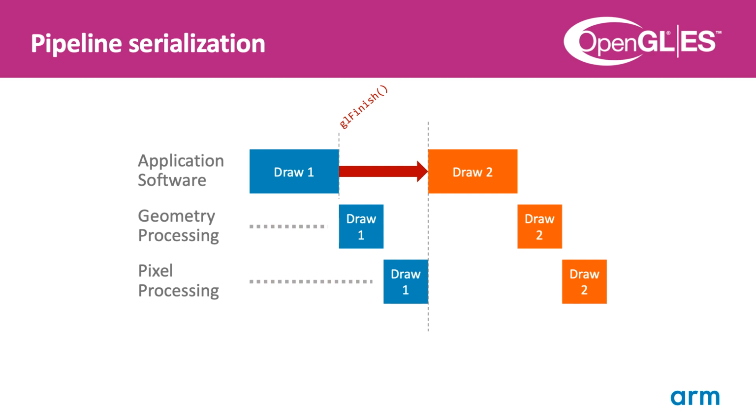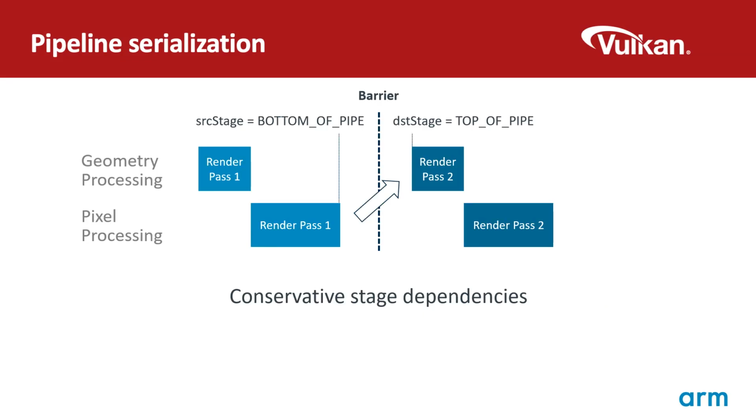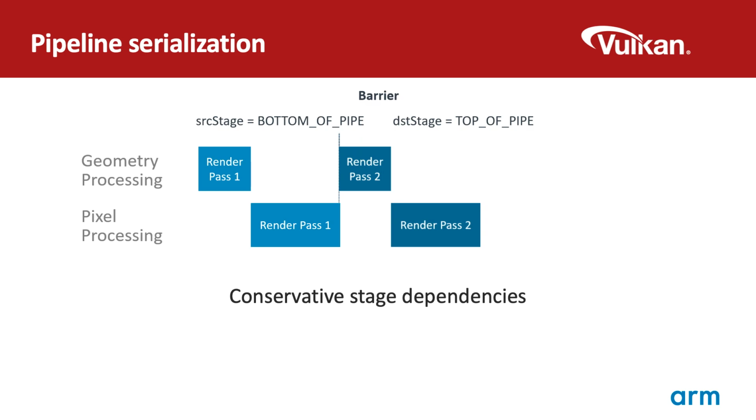Some API calls will enforce the synchronous behavior, such as glFinish in this example, forcing the pipeline to drain. Vulkan is designed for modern hardware, so exposes an asynchronous programming model. This requires the application to define which operations can run in parallel by expressing dependencies between the data producers and consumers. Making these dependencies too conservative will result in a serialized execution of one or more stages, and another drop in efficiency.